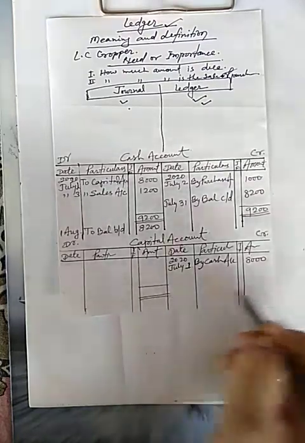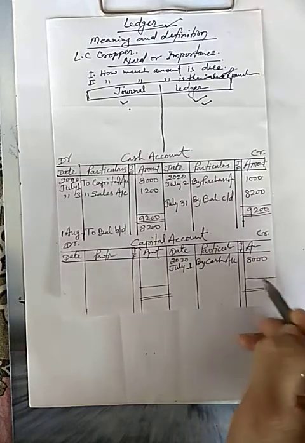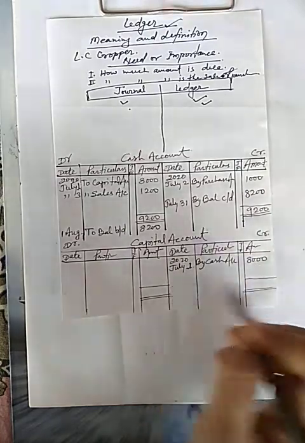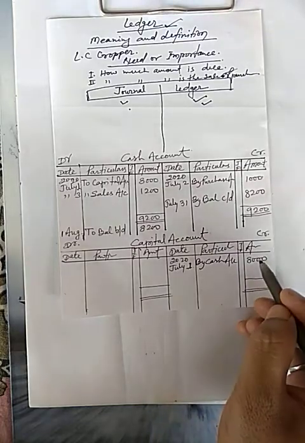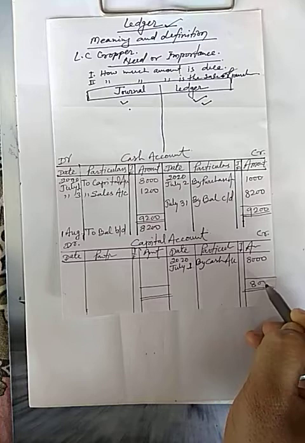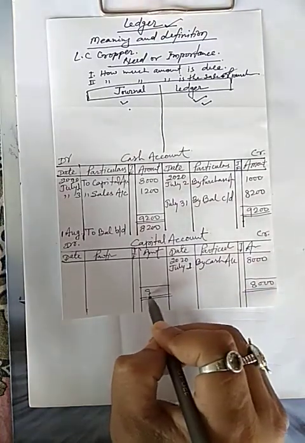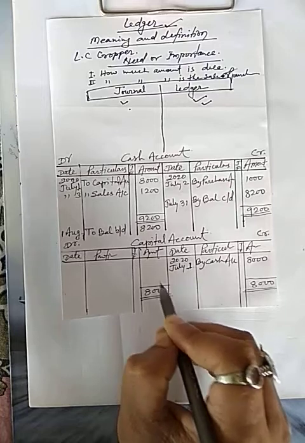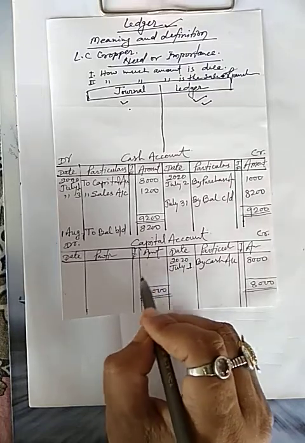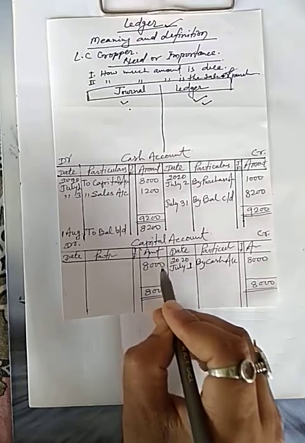This is capital account, and in capital account I have credit balance 8,000, so I will write on both sides 8,000, and nothing is given in debit side.